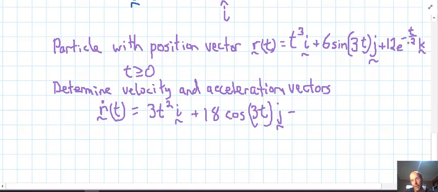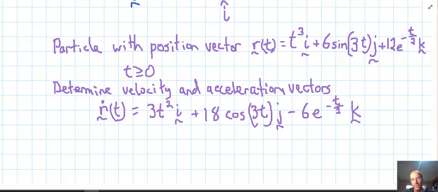Now we've got another chain rule there, so we've got a negative going to be in minus 6 e to the t over 2 k.